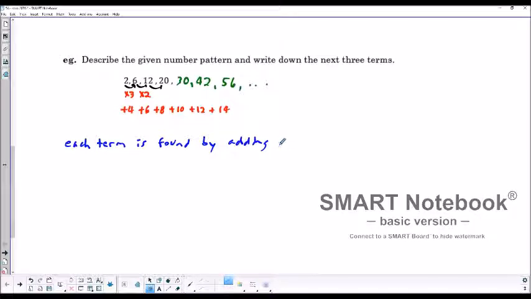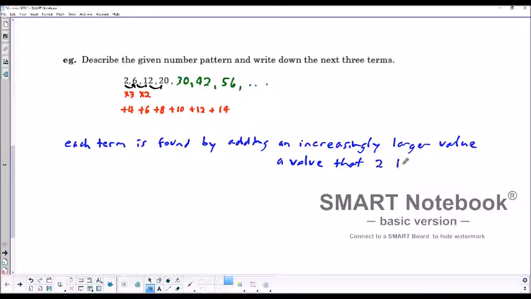Adding an increasingly larger value, perhaps. Or more specifically, adding a value that is 2 larger than the previous difference, perhaps.